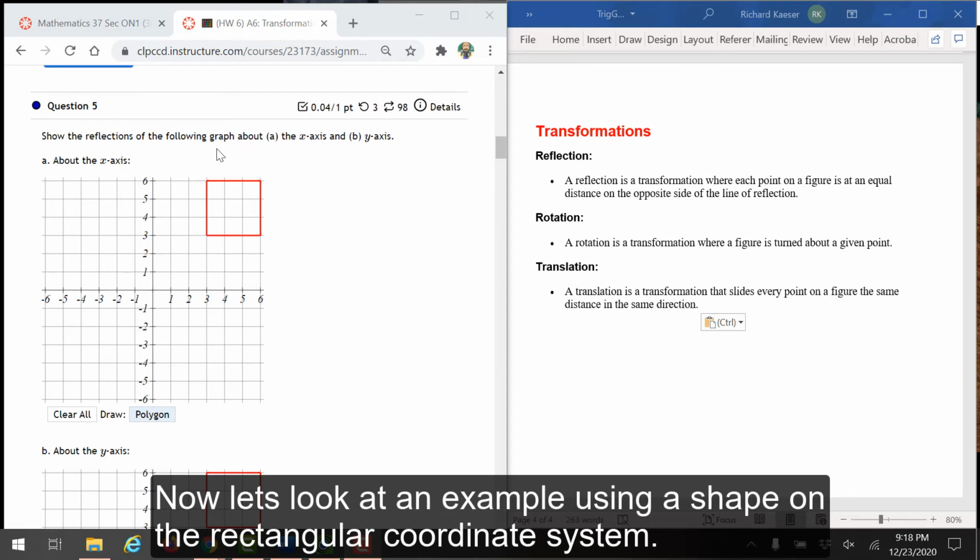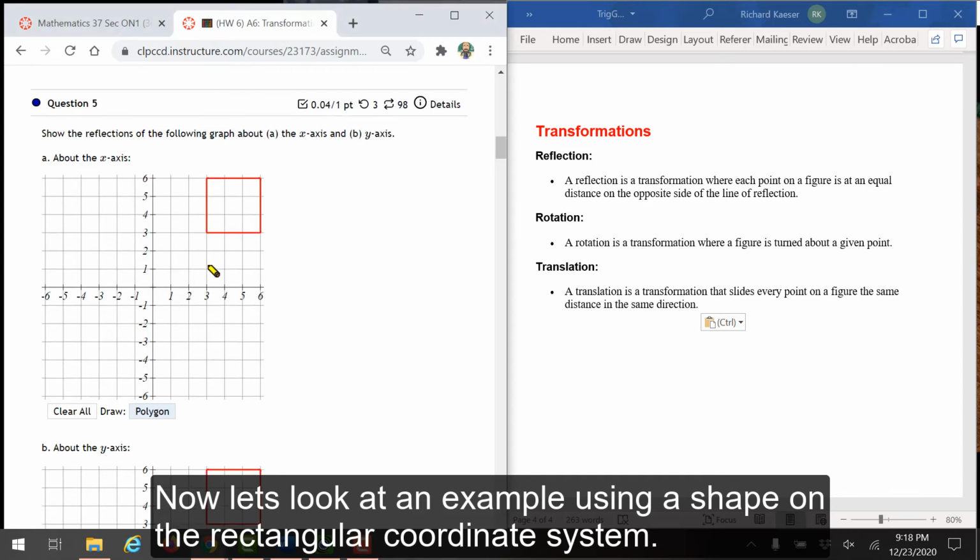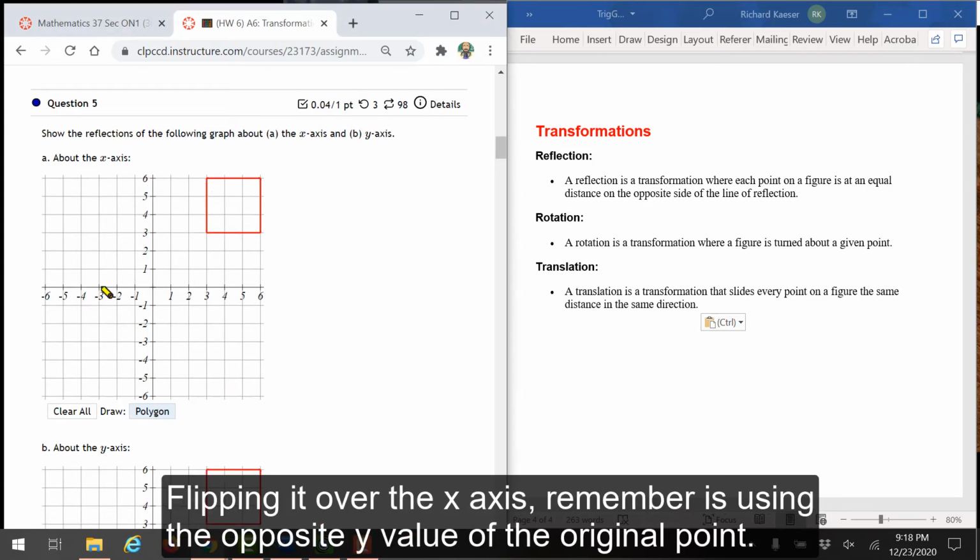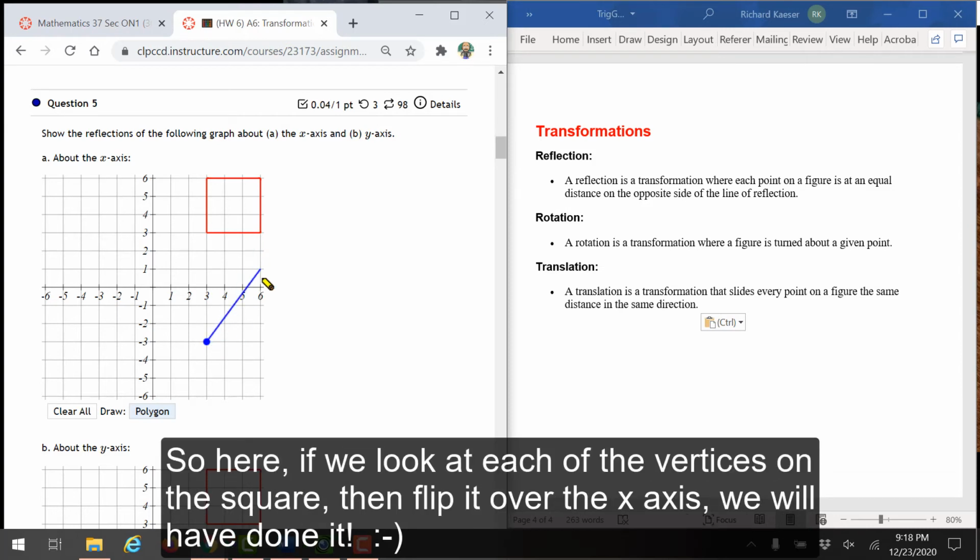Now let's look at an example using a shape on the rectangular coordinate system. Flipping it over the x-axis, remember it's using the opposite y value of the original point. So here, if we look at each of the vertices on the square, then flip it over the x-axis, we will have done it.